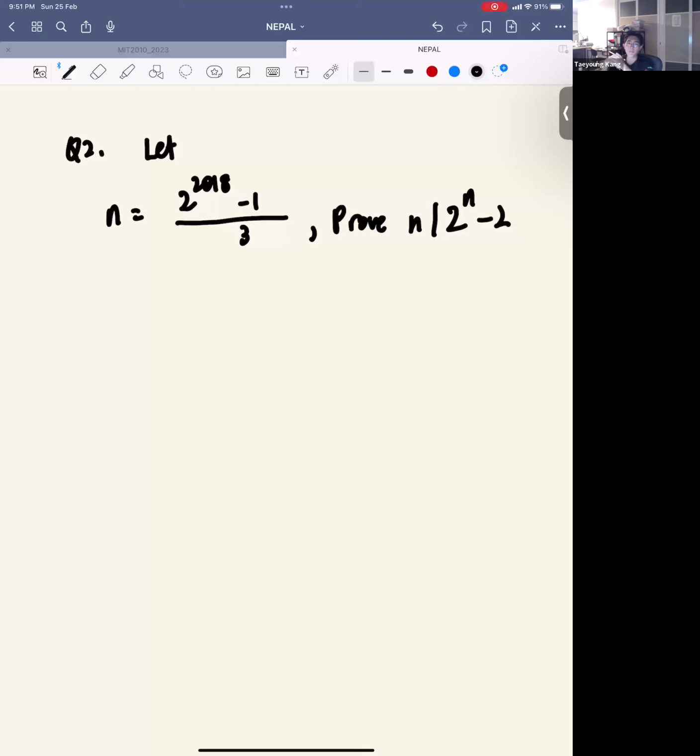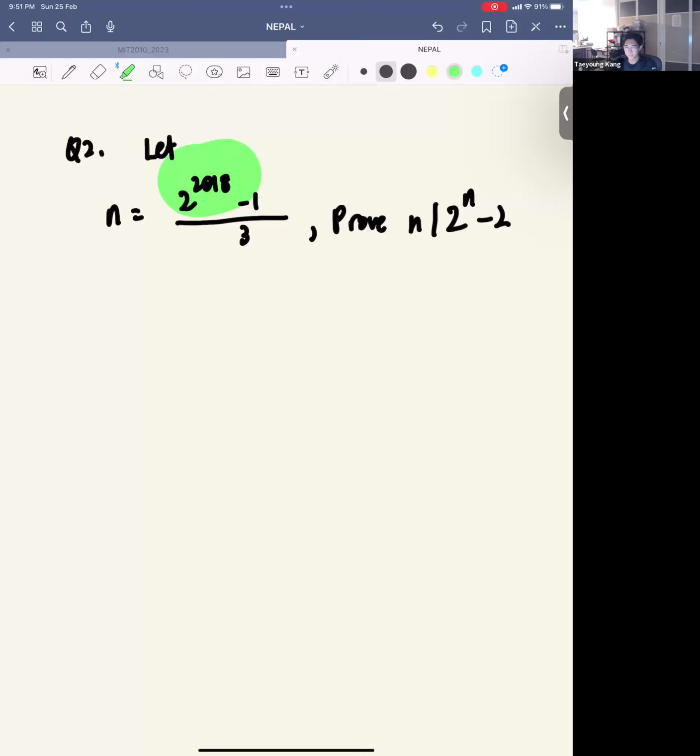As I mentioned earlier, Fermat's little theorem is a very good tool when it comes to reducing very big powers like this into smaller powers. It's very hard to compute 2 to the power of 2018, let alone 2 to the power of 2018 minus 1 divided by 3.